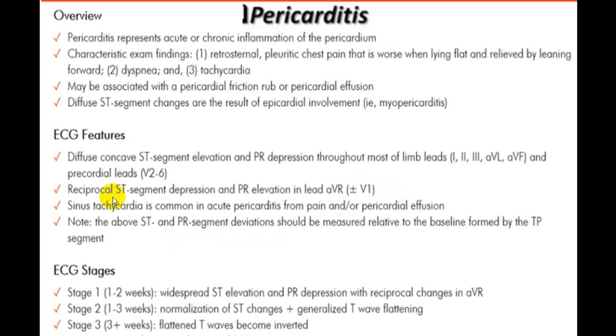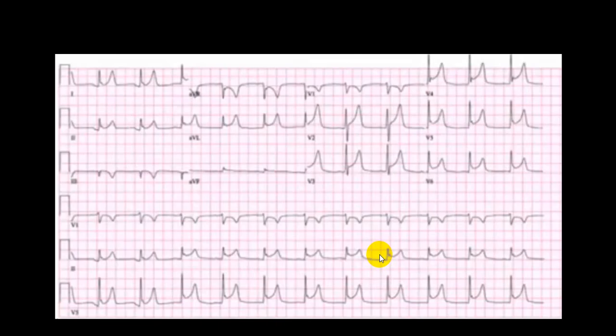This is characteristic, and this particular reciprocal change, ST segment elevation with PR depression, is also given a name, the knuckle sign. At the ST segment elevation you might also have a fish hook appearance, which may be seen in pericarditis. So in pericarditis you will get a concave elevation.